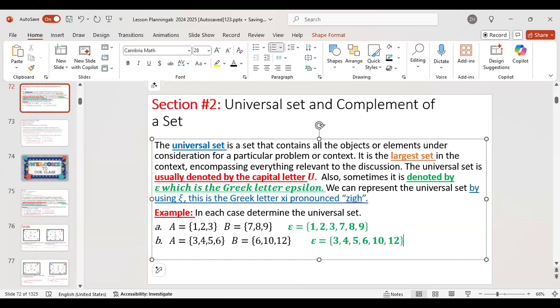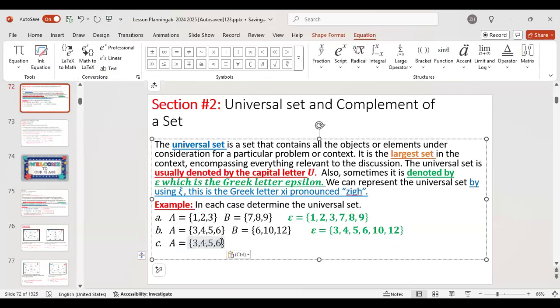And finally, we're going to do our last one, C. For this one, let's say A contains March, January, 1, 2, 3.